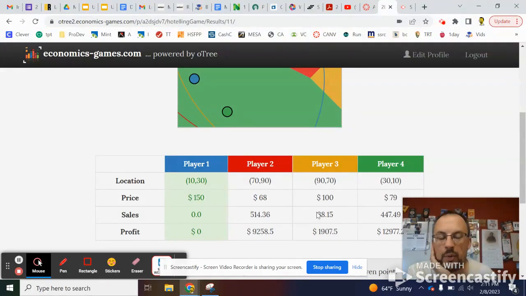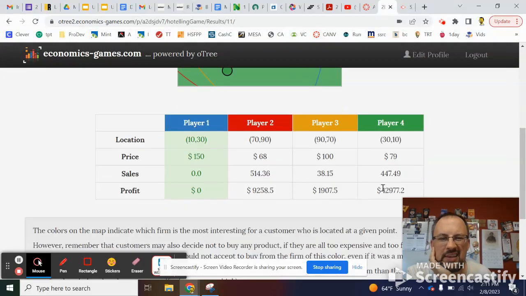I didn't have any sales because I was way higher than everyone else, and everyone that probably would have bought from me bought from green. It looks like green had the second most total sales, and they made a profit of 12,977. I made a profit of 0 because I charged way too high.